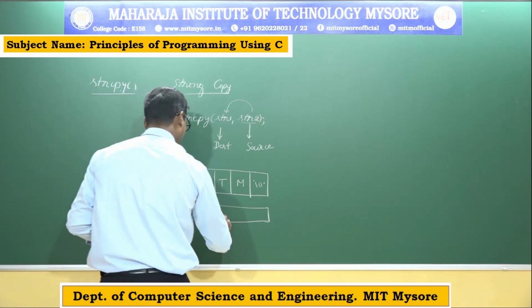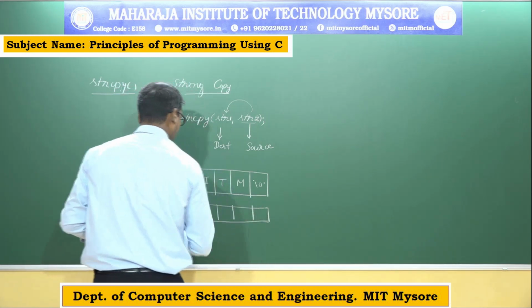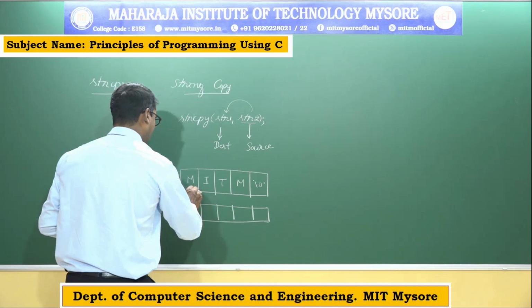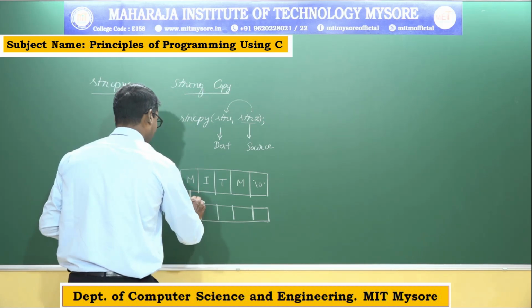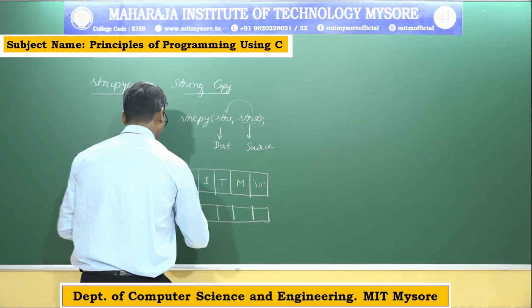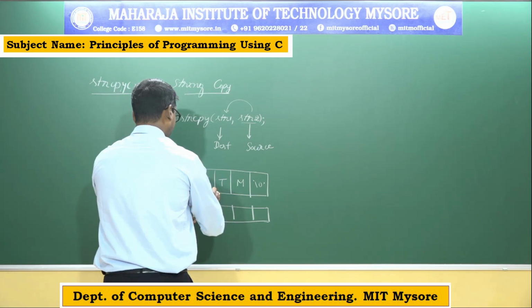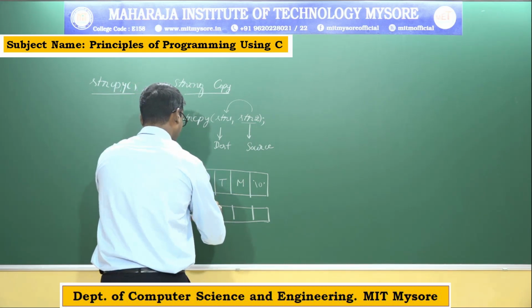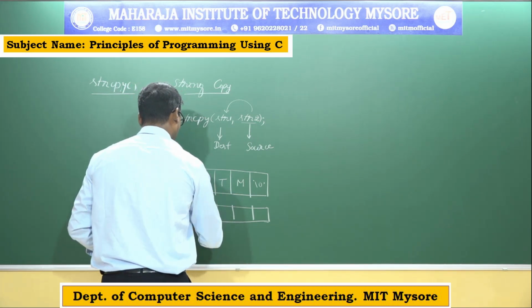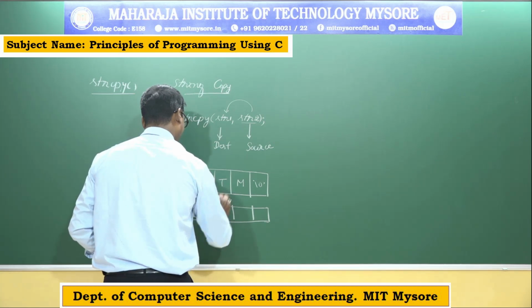The first character of the source string will be copied to the first location of the destination string. Next, the second character of the source string will be copied to the second location of the destination string.